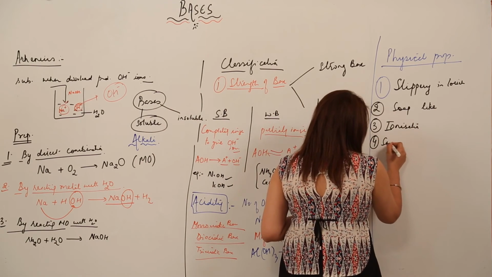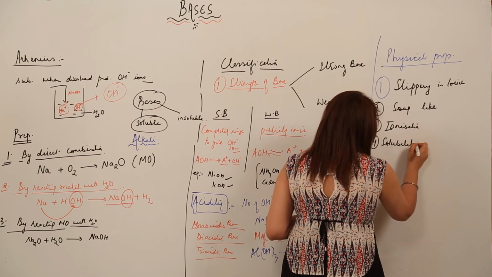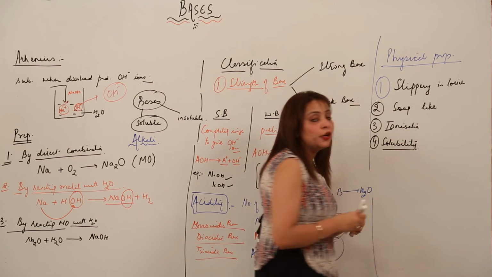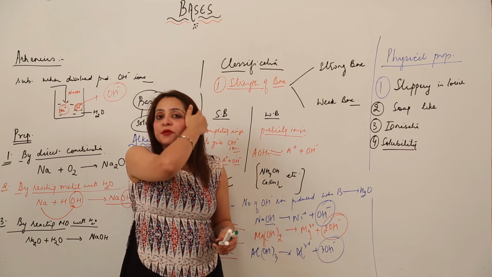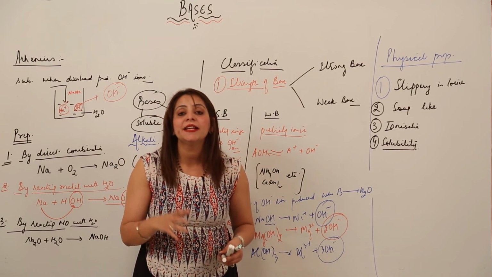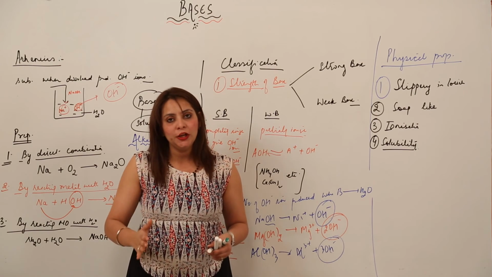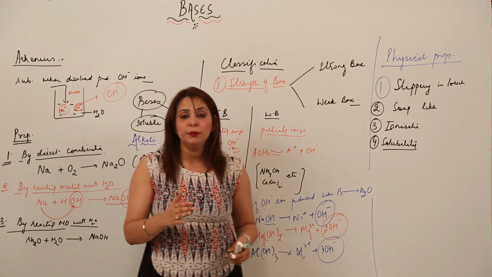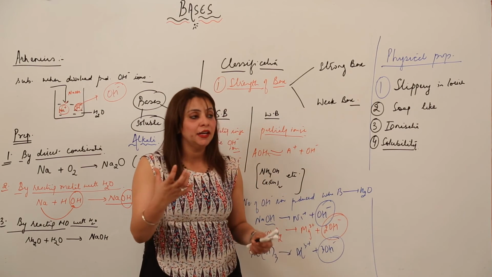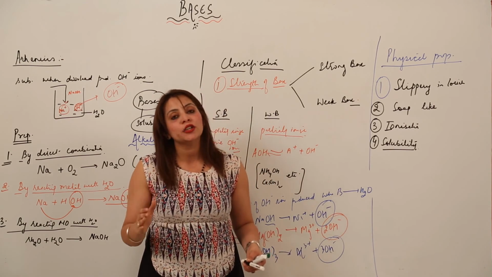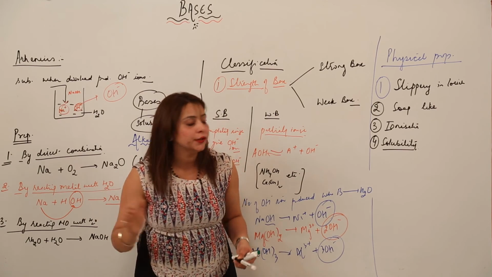Next property is solubility. See, most of the hydroxides are not soluble in water, except the alkali metal hydroxides and the ammonium hydroxide, which are soluble. These are the exceptions. Apart from these, all other hydroxides are insoluble in water.